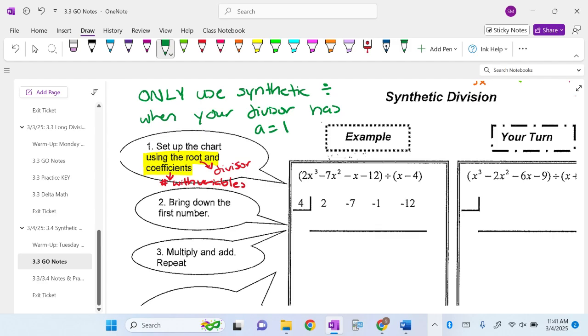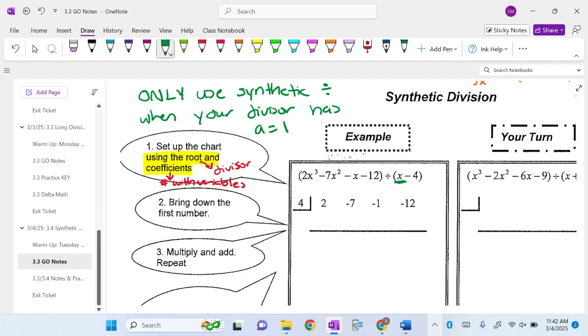Meaning, this value right here, the coefficient in front of that x of what you're dividing by, is 1. All right? So there would not be a number in front of that variable. So for example, the one that we did in warm up, you would not be able to use synthetic because it has that 2 in front of the x. So we can't use synthetic for this problem.